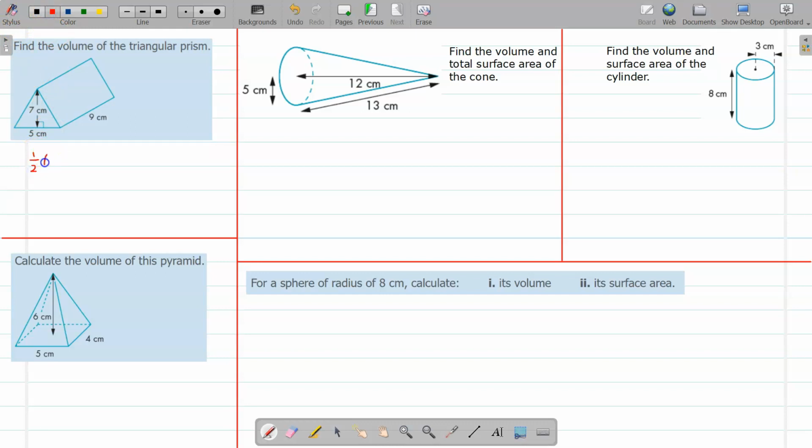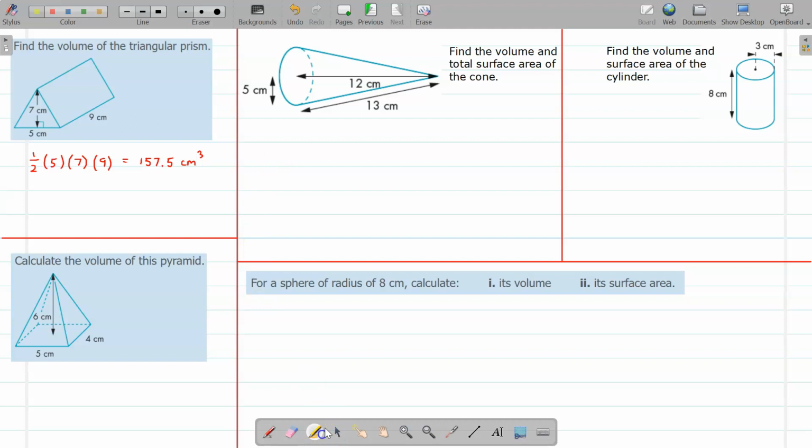So this is my working out, a half times 5 times 7. I could use multiplication signs instead, but I tend to prefer brackets. Then you times all of that by the length of the prism, which is 9. Put it on the calculator and that comes to 157.5 exactly, in centimeters cubed.